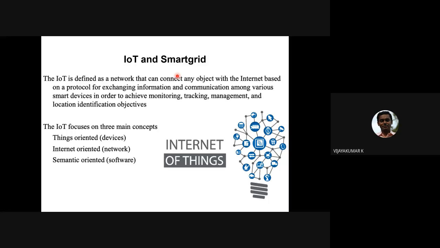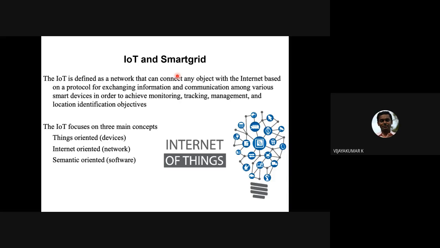In that system, we integrate the sensing, that means we are integrating more sensing, and you are making communication among all the devices so that they can interact with each other. Then third, integrating the computational system.